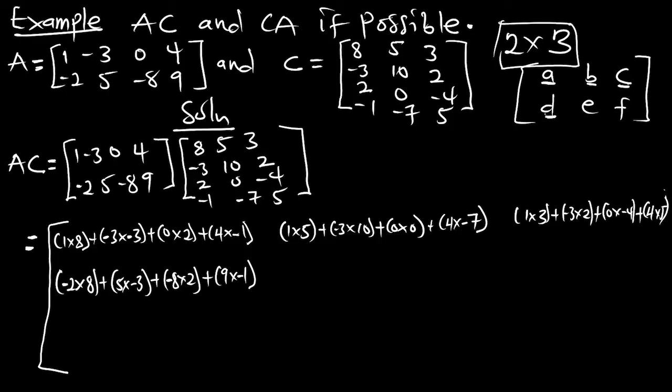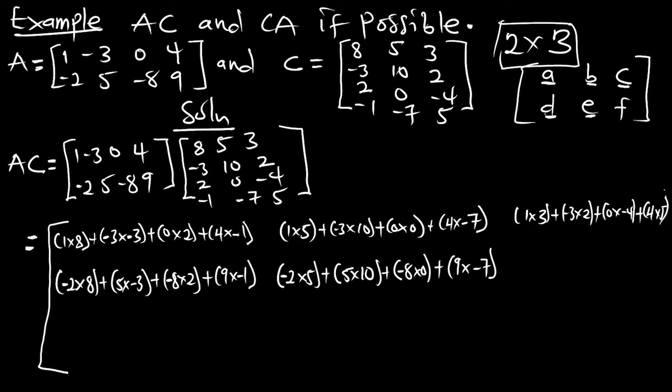Now E, which is still second row but second column. That is going to be negative 2 by 5, plus 5 by 10, plus negative 8 by 0, plus 9 by negative 7.